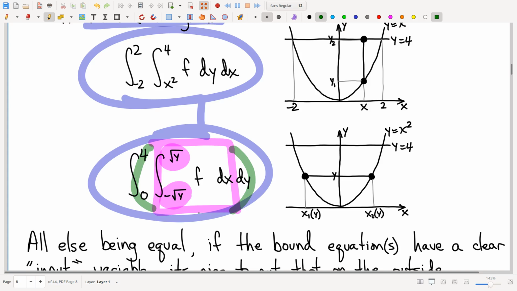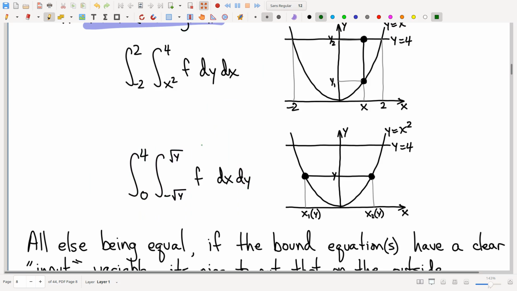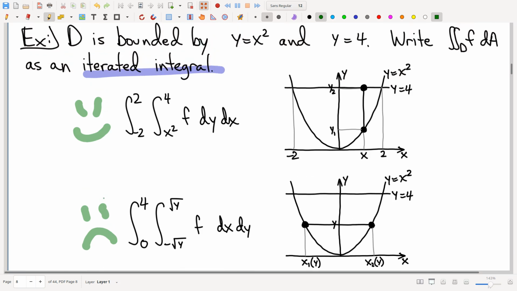And again, nobody wants that. All exceptions granted, but generally speaking, that's not good. Okay, so I hope we're comfortable with why I think this is the good option and why I think this is the bad option. Now, how do you tell the difference in advance? Hopefully, fingers crossed, we don't have to actually write them both down every single time.